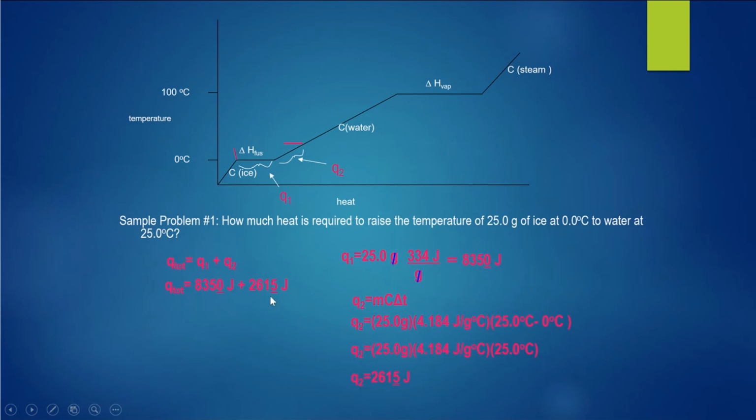Again, notice the CDUD. We add them together, and we're going to end up with 10,965 joules, with significant digits, 10,970 joules will be required to melt 25 grams of ice and then bring that water up 25 degrees Celsius.